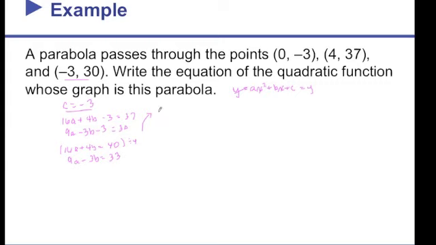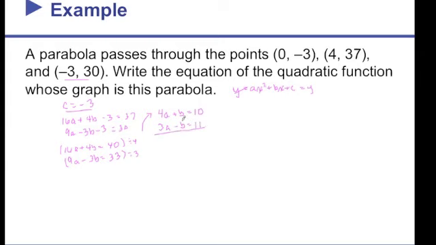Since 4 goes into each of these, I'll have 4a plus b equals 10. It gives me smaller numbers to work with. And I could divide this one by 3, and that would give me 3a minus b equals 11.